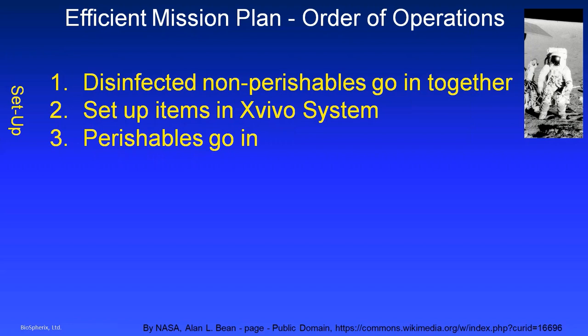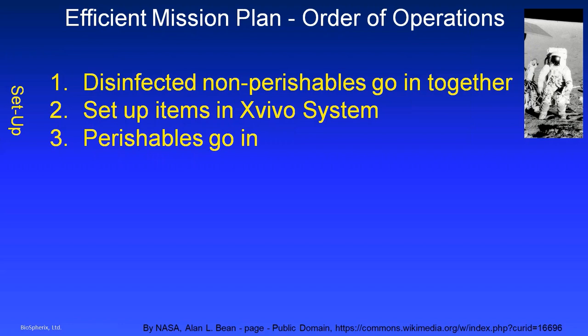And the nice thing about putting them into the Xvivo system early is that if you're working in physiologically relevant oxygen levels, all of these items can equilibrate to the proper oxygen level before you work with them the next day. So we'd encourage you to get those set up the day before process.